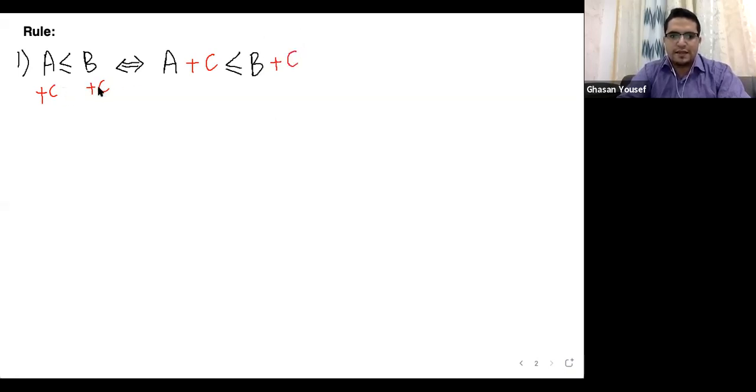When I add the same quantity to both sides of the inequality, I get an equivalent inequality, A plus C less than or equal to B plus C.